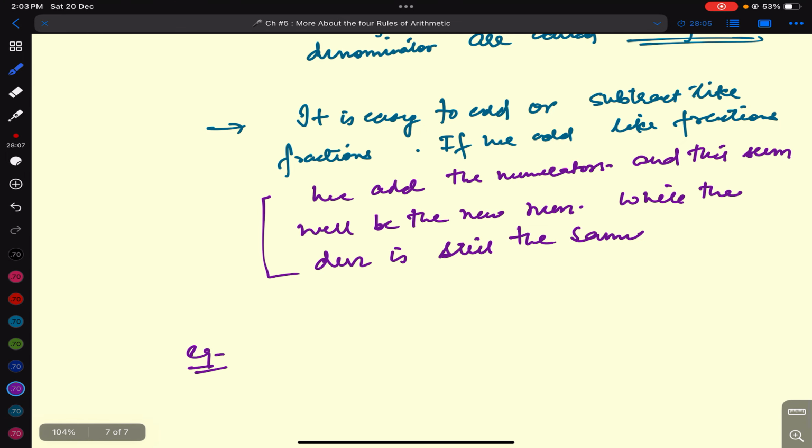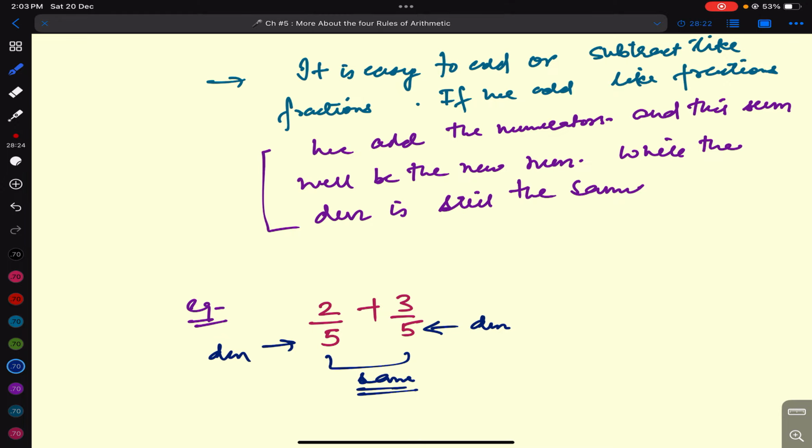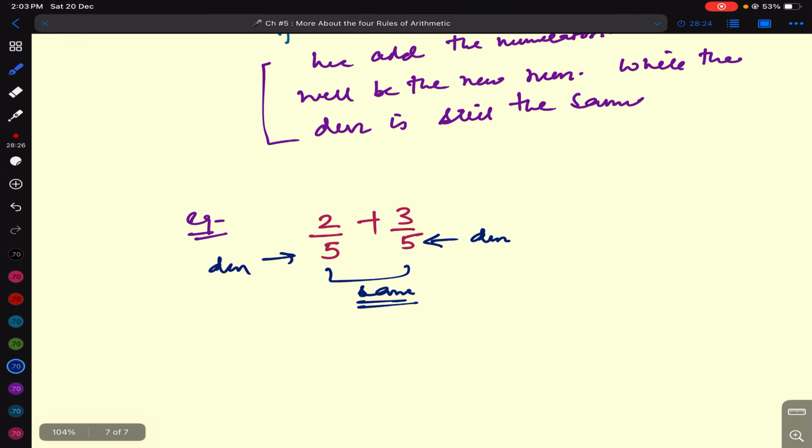Let's take the example of 2 over 5 plus 3 over 5. Here, if you see, we have the same denominator, right? This is an example of like fractions.